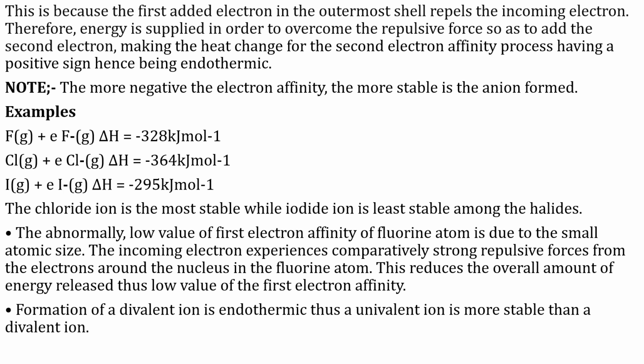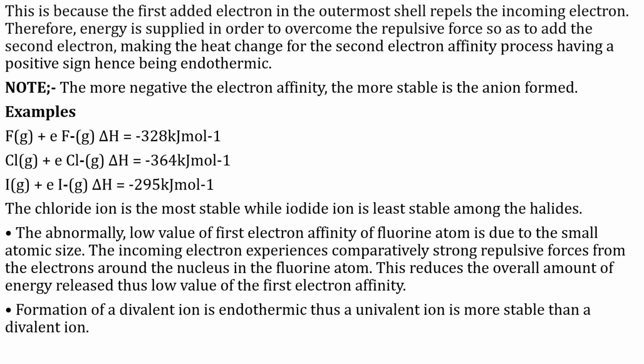That means the incoming electron is going to be more strongly repelled than it is attracted by the nucleus. Thus, to add an electron to such a charged gaseous ion is going to require input of energy. So that's the brief explanation about it.